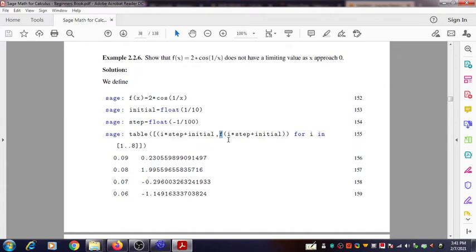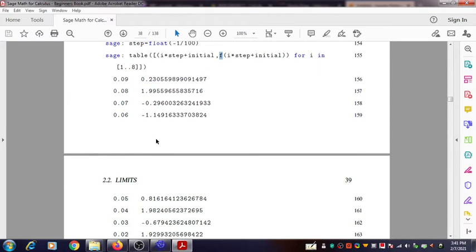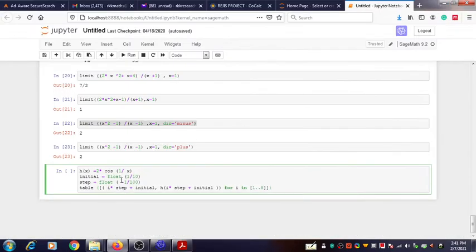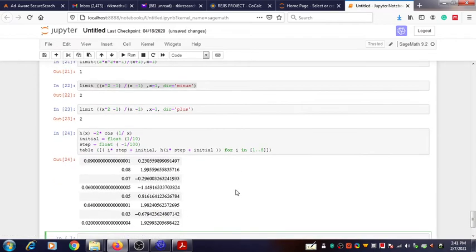So h of i star step plus initial, and then for i in range 1 to 8. Okay, that's done, and after that we can take the output.